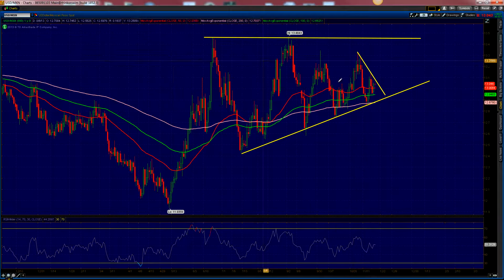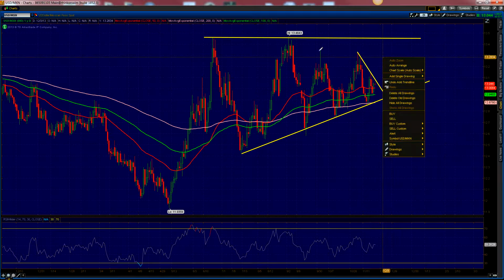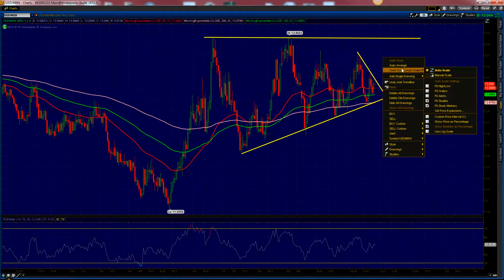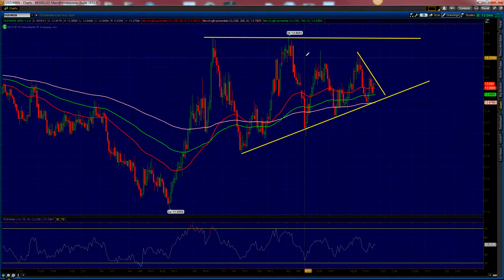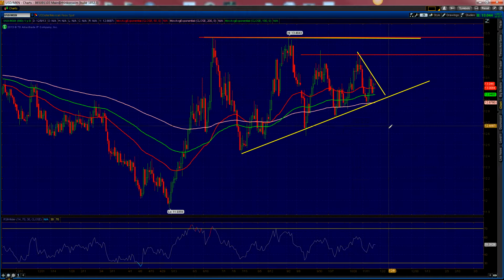It's been capped by 13.3 these last 2 times around, but we couldn't really push below this ascending trend line. So it's starting to look a little bit like an ascending triangle, which is bullish. Alright, so we have our first level to watch here at 13.3, and then our second level here at 13.45. So watching for that to continue.